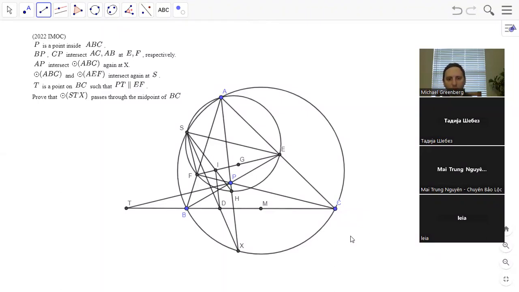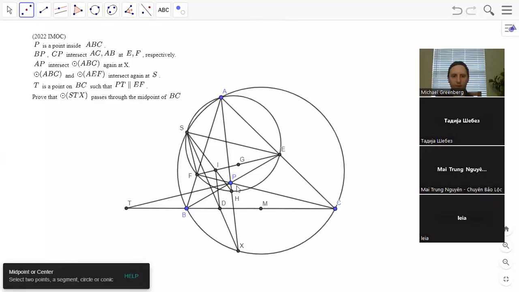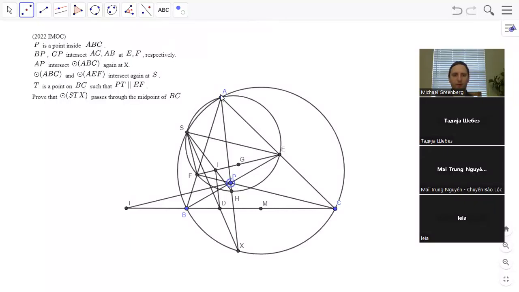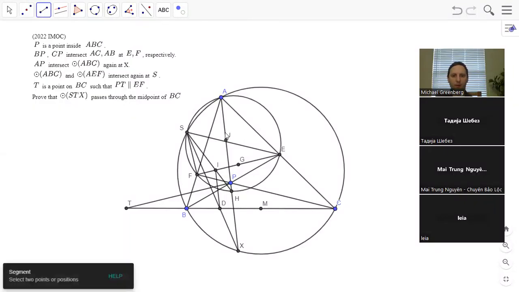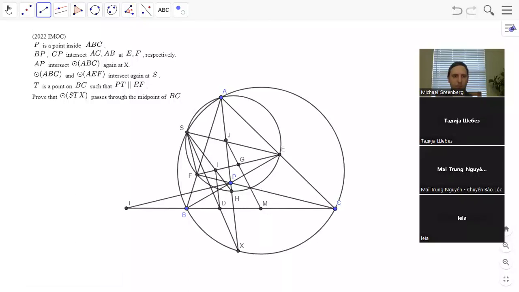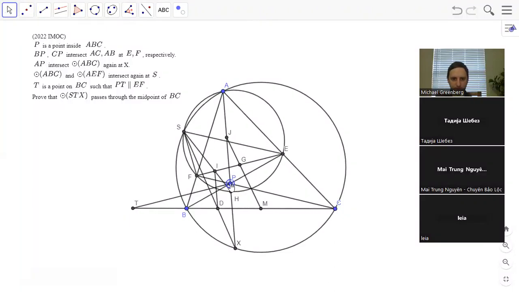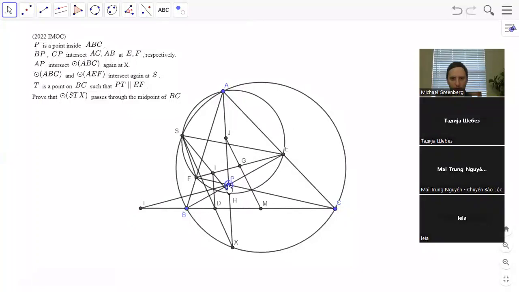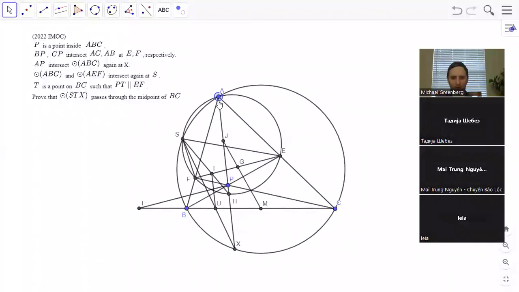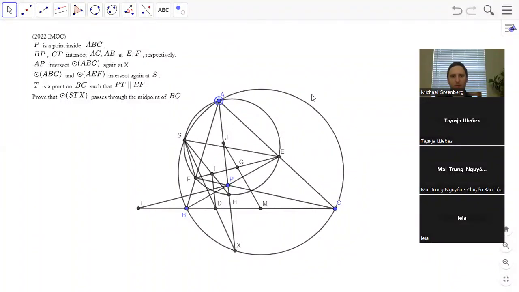Maybe we add the midpoint of AP, then we get a Gauss line. Okay, so we have the midpoint of AP, and we could use a Gauss line. That's interesting. Sorry, it looks like these meet on the circle, and I don't want to make it look like that. So that looks okay.